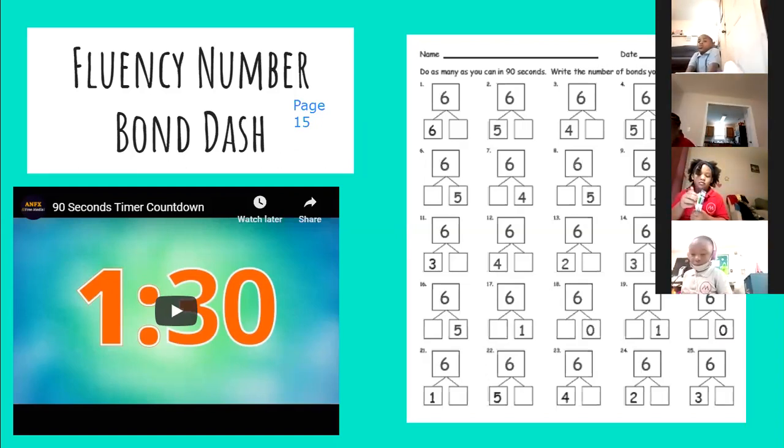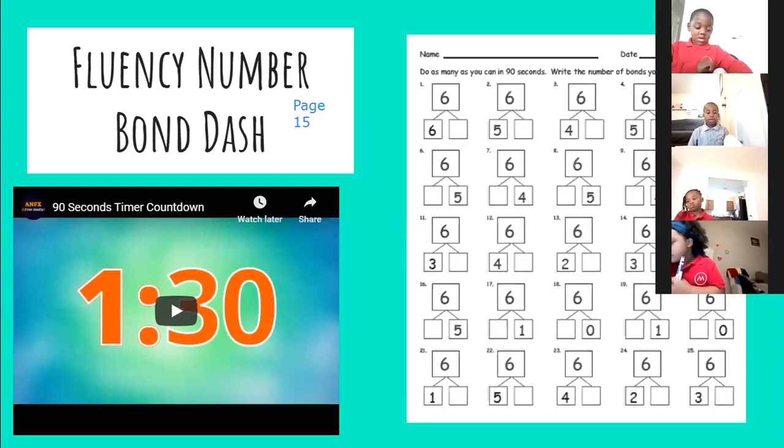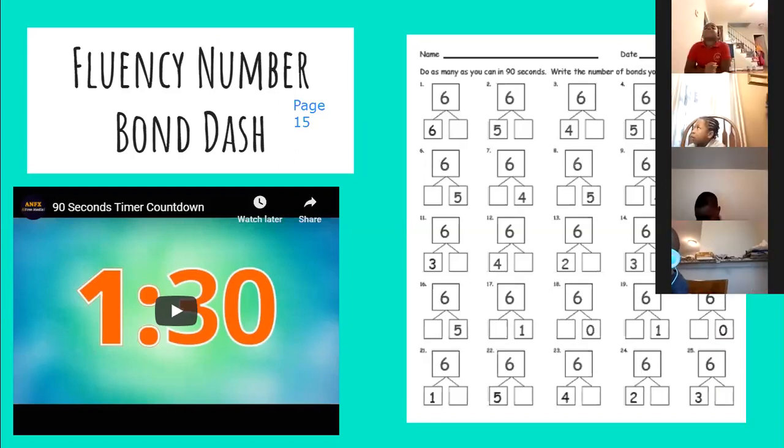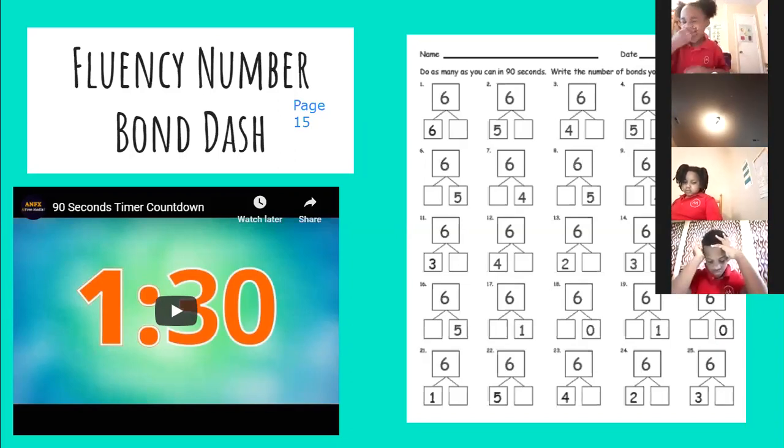We're in the moon book on page 15. The moon book on page 15. Larry, put yourself back on mute. Thank you, Kinsley. Thank you, Justin. Thank you, Storm.